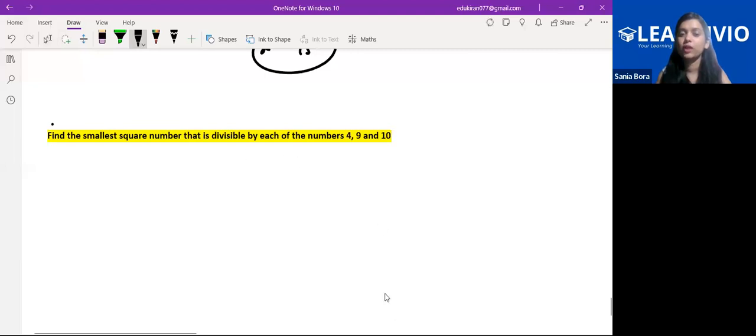So in this, you have to find the smallest number. How would you find it? Smallest means LCM or HCF? LCM. Good. If I ask you the highest number, you find HCF. If I ask you the smallest, then LCM. So you have to find the LCM of 4, 9 and 10.